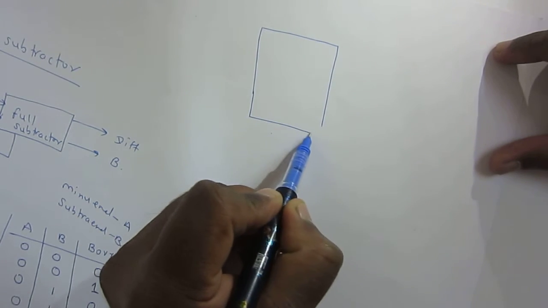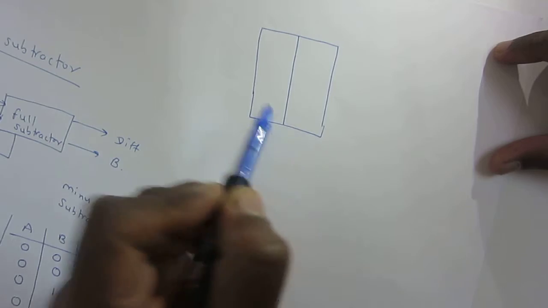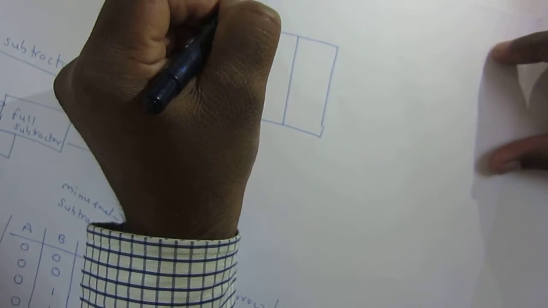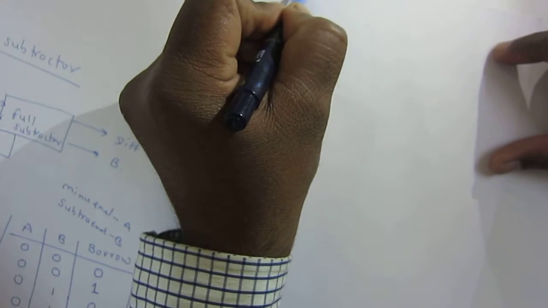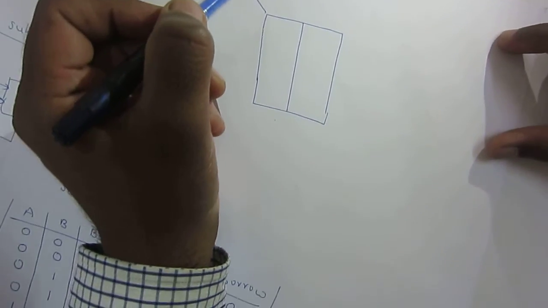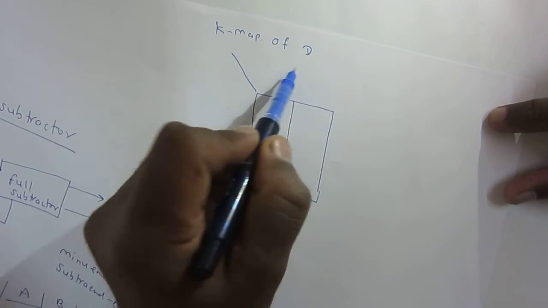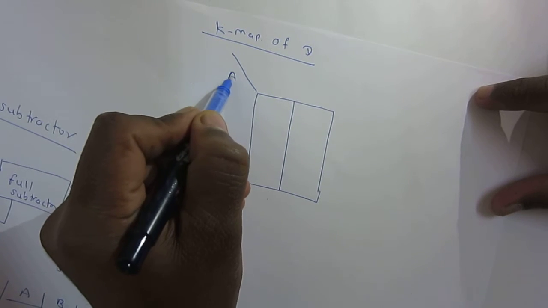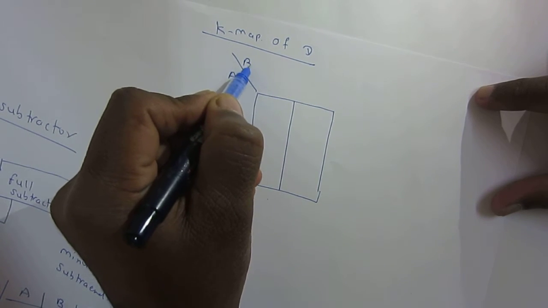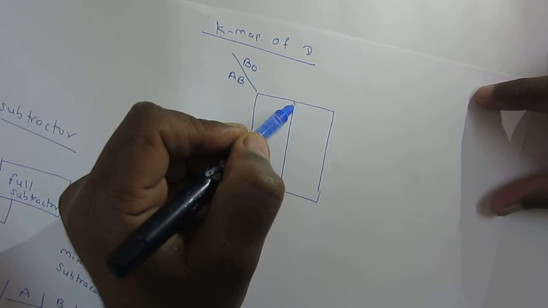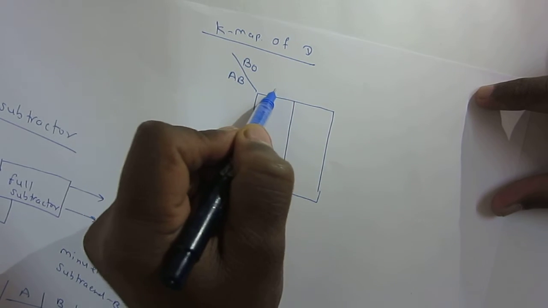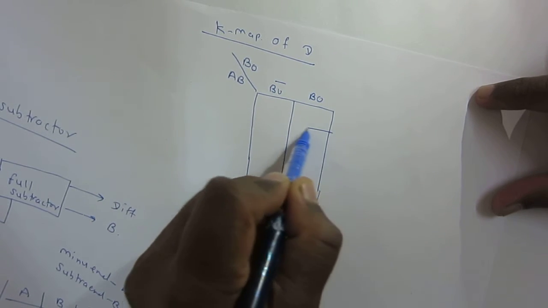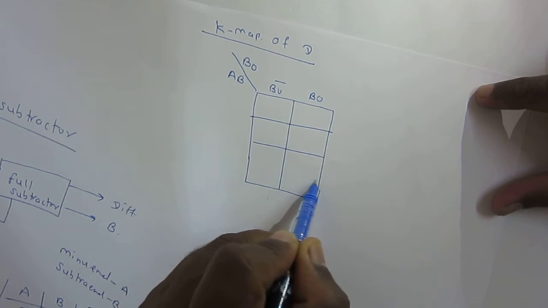I am now drawing the Karnaugh map of the difference element, the K map of D. The K map of D looks like this. We have the elements A, B, and this is the borrow input, which I am writing as B0. Here we have B0 bar and B0.